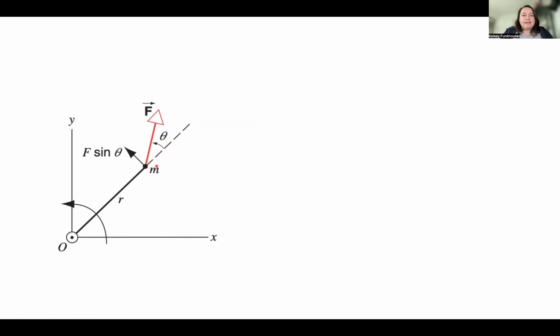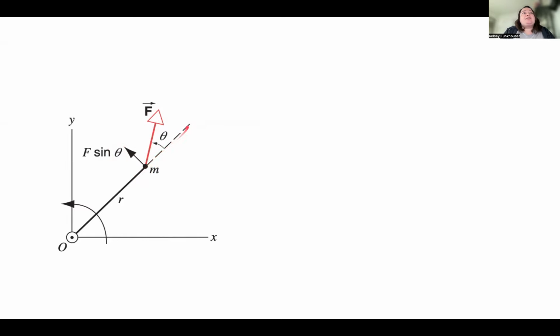We can find the tangential component of the force since we know that the component along the radial axis does not contribute to the rotation. Because that's what we learned with torque, so looking at this force, there's a portion of it that will fall along the radial line, and then there's this perpendicular portion.